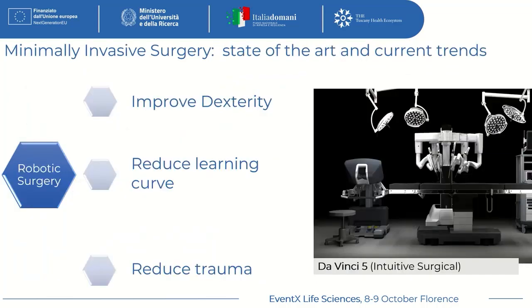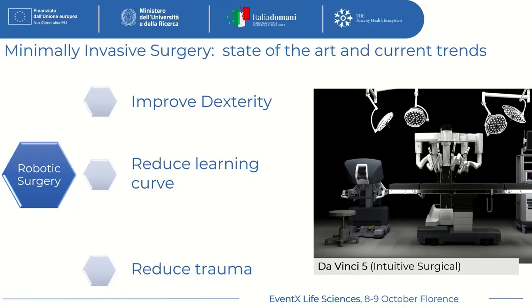And we can say that now it's the area of robotic surgery where robots can really improve dexterity. In the picture, there is the Da Vinci robot that is the most relevant robot used for surgery nowadays. With this robot, you can reduce very much the learning curve to learn how to do minimal invasive surgery.